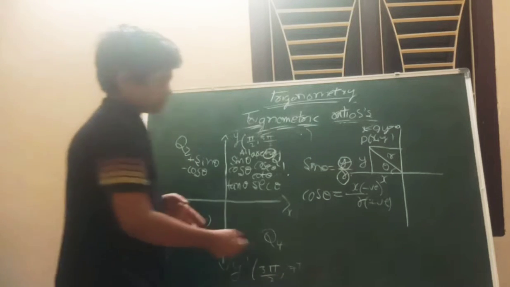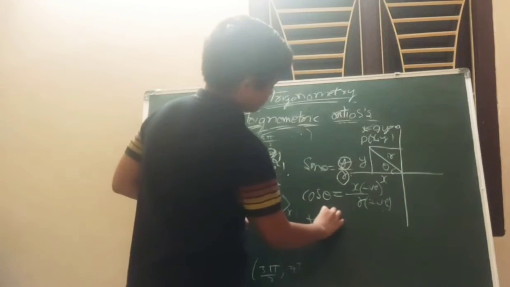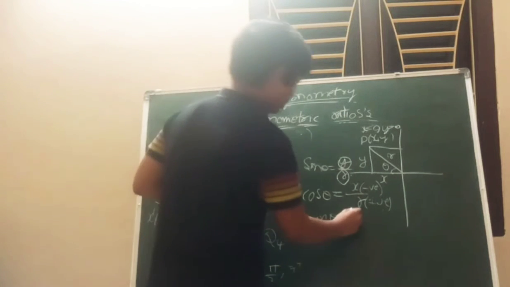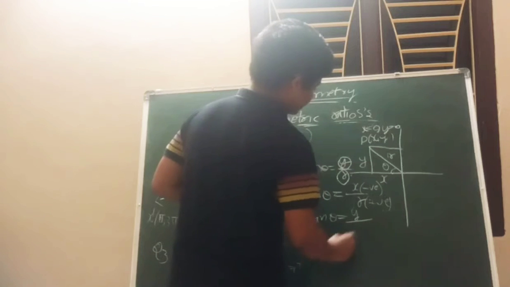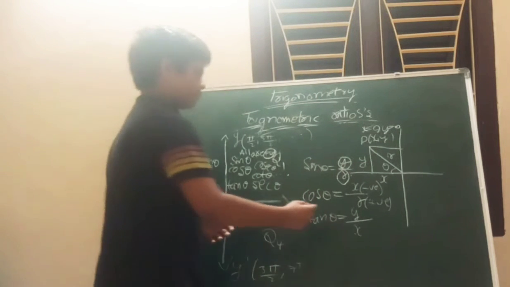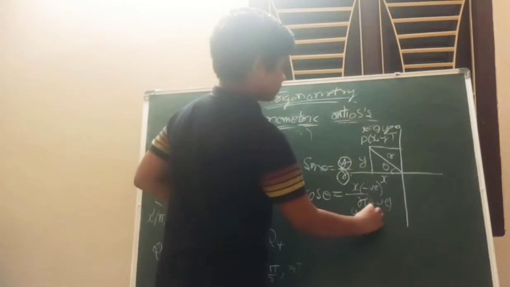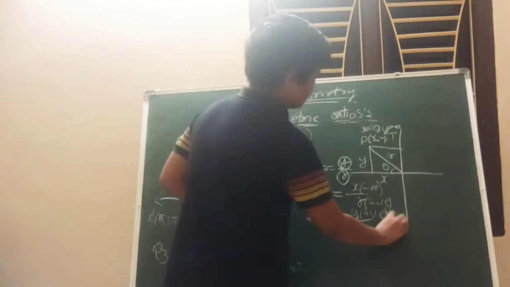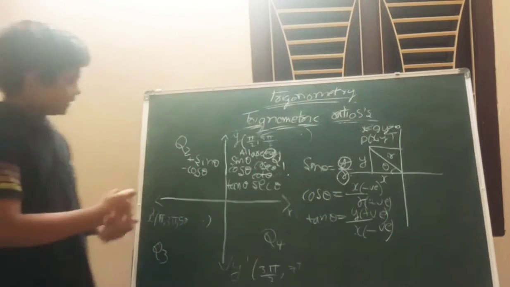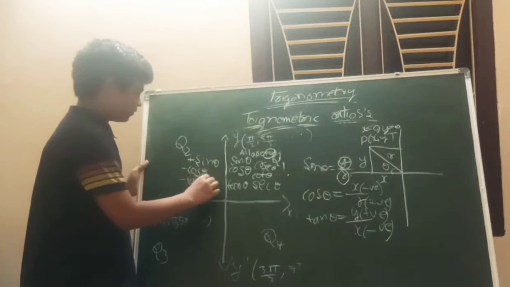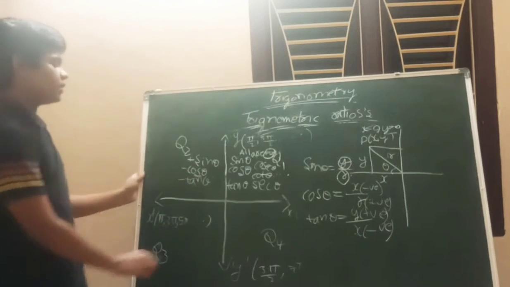And tan theta. Tan theta is the opposite side to theta by the adjacent side to theta. Here y is positive but x is negative, and positive by negative is negative, so tan theta is also negative.